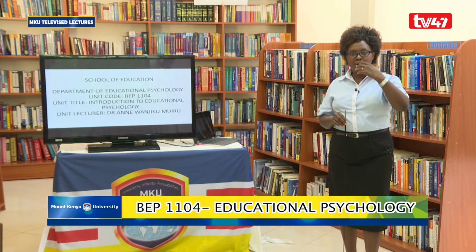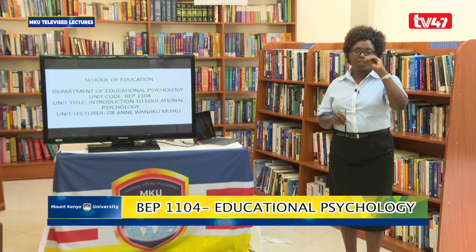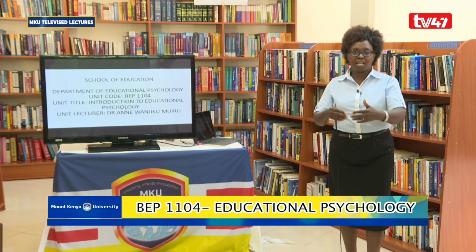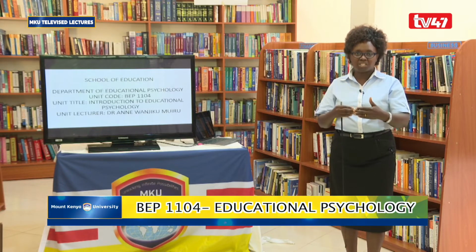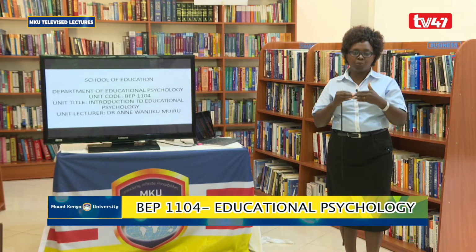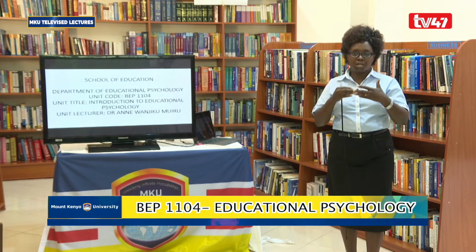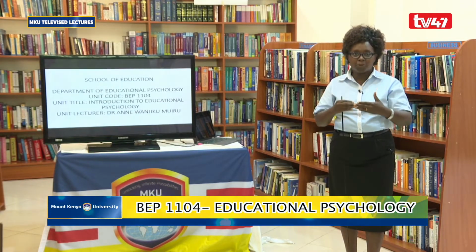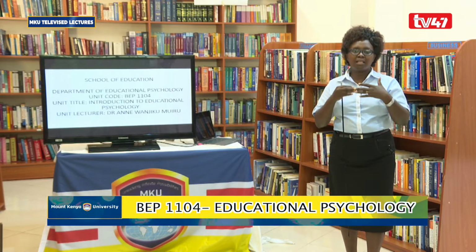But as time went on, certain aspects of life could not be explained from the philosophical point of view. And that is how a new, independent branch was born, which we credit to no other than Wilhelm Wundt in 1879, when he set up the first psychology lab in a university, at Leipzig in Germany.